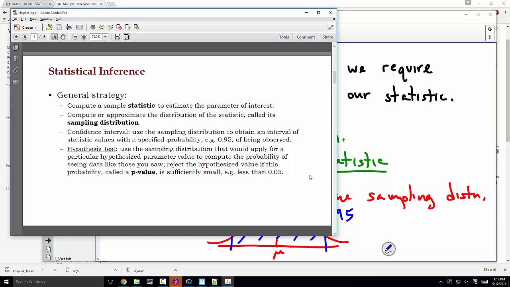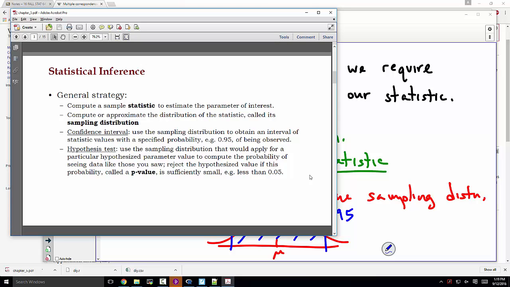And you're asking, would it be unlikely for me to see data like I saw if that null hypothesis were true? If it would not be likely for me to see data like I saw when that assumption is true, then using an inductive argument, you could say, I probably made the wrong assumption.